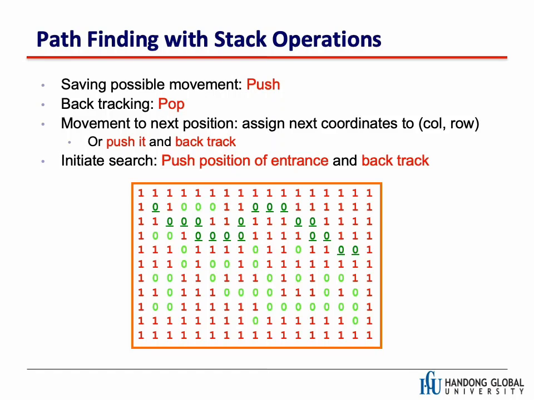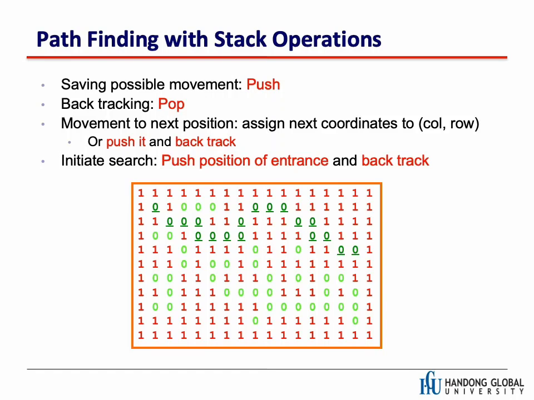Now we have to choose one of them. In this example, the first selection is the right one, shown in bold font with underline. So we will move to 2,3. But while we are moving there, we will push the other green zeros into our stack.